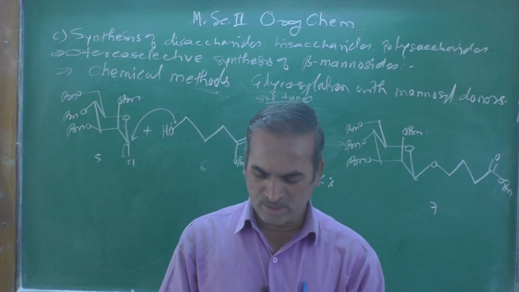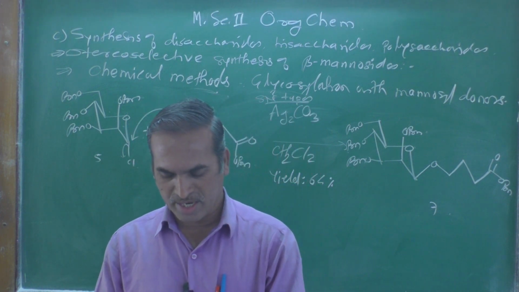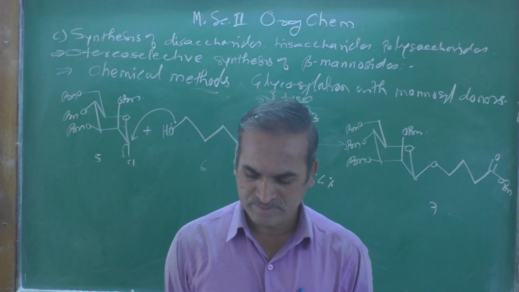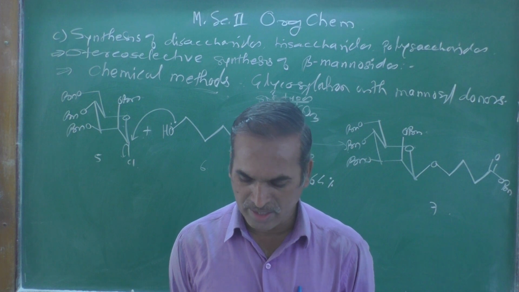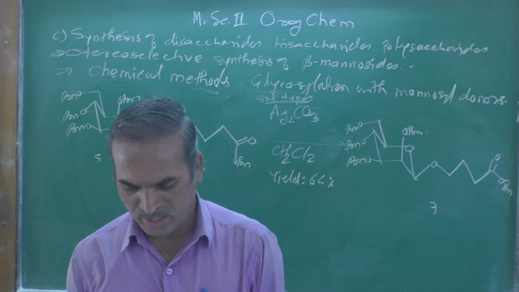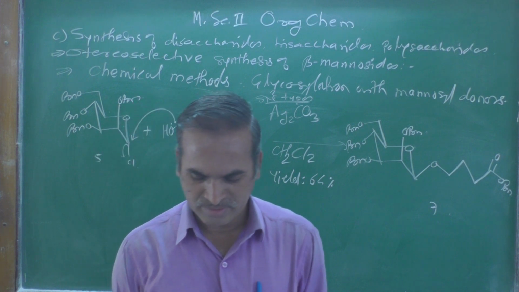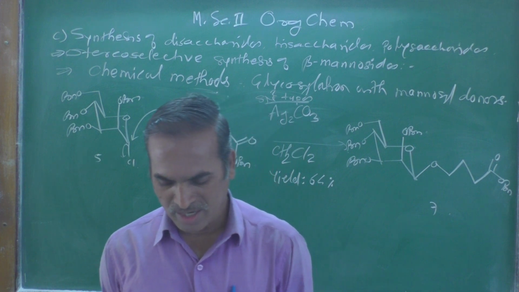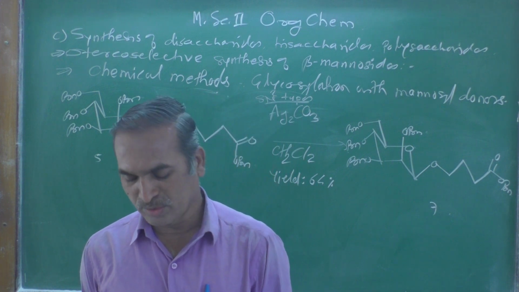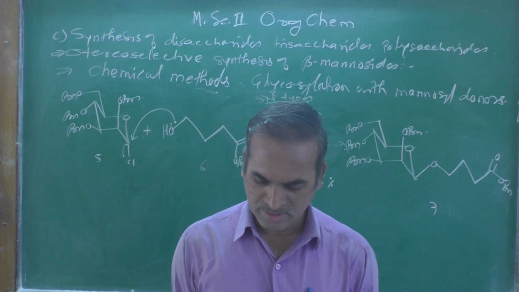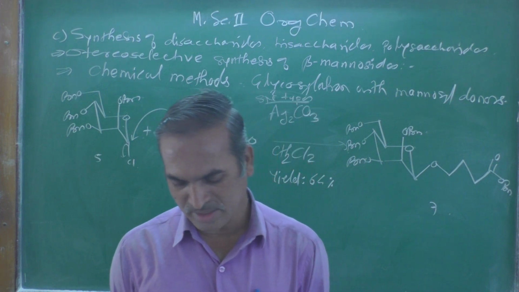A threshold level of acceptor reactivity is necessary for satisfactory beta stereoselectivity, whereas coupling of mannosyl bromide with the anhydro derivative 9 proceeds in excellent yield and high beta selectivity.